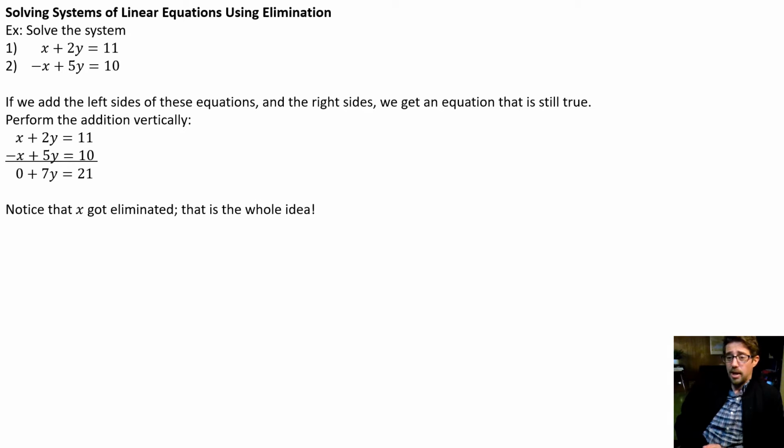So now we just have 7y equals 21, which means y is 3. So you see how fast that was? I generally like this method better, although sometimes it's a lot of work to even be able to get it like that. Both methods will work no matter what. But at some point, I do want to see that you can use both.